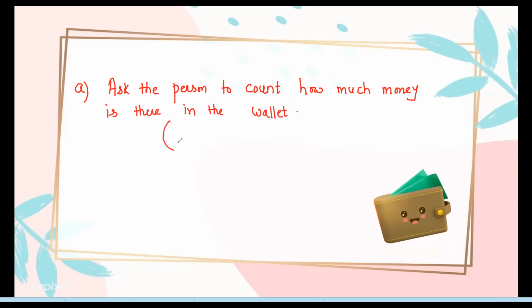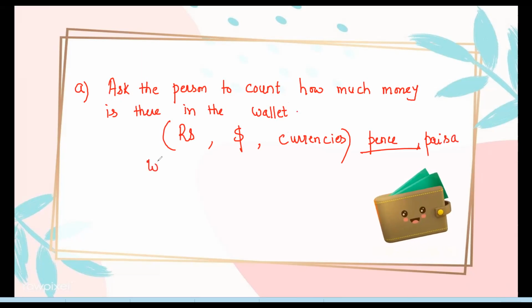And the next step is that we want only rupees or dollars or any of the currencies, but not pence. We neglect the paisa, right? So we will take only the whole number of rupees. Tell him to just tell you the whole number of rupees.